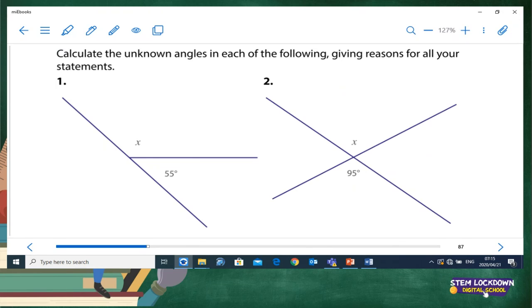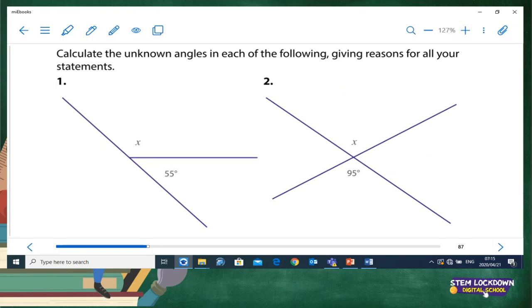And in the same note now, you can go to the next diagram, and you should be able to see that we now have vertically opposite angles.